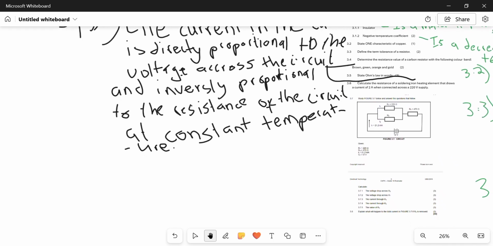Okay, so normally it's out of 2 marks. Yeah, I'm surprised they say 3 marks, but then it is how it is. No matter the mark allocation, it doesn't change. Okay, then we go to 3.6.